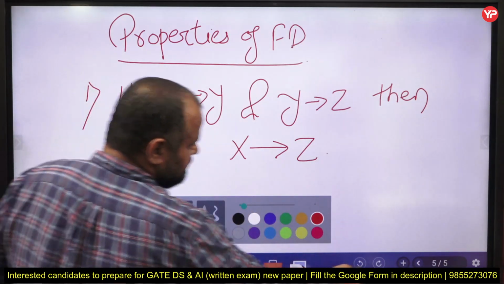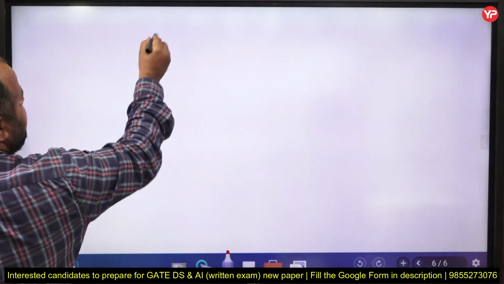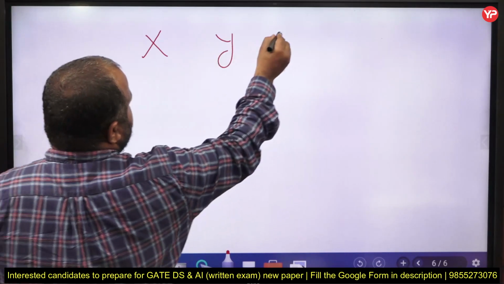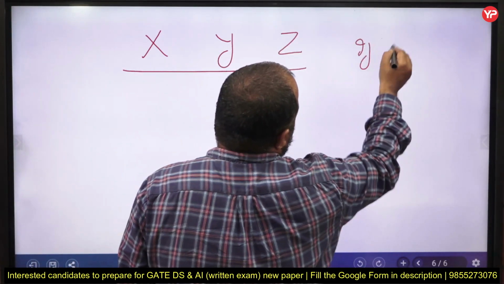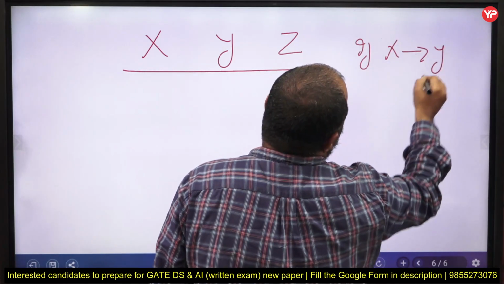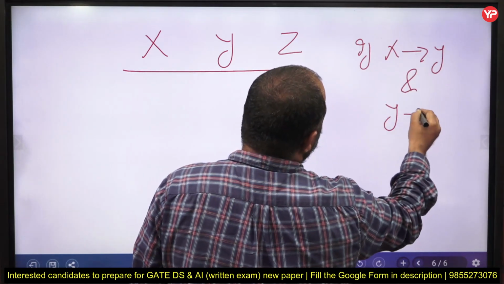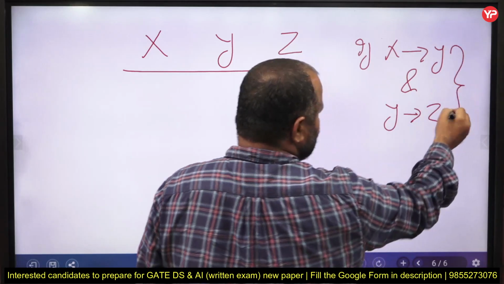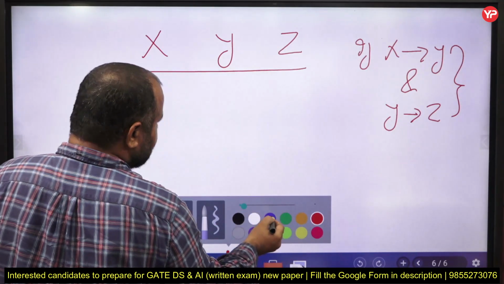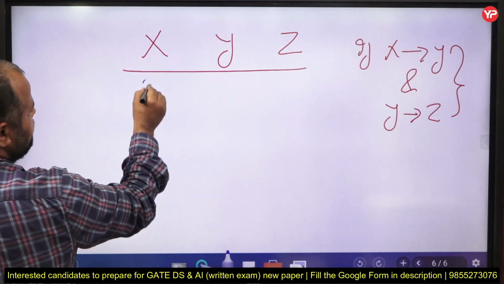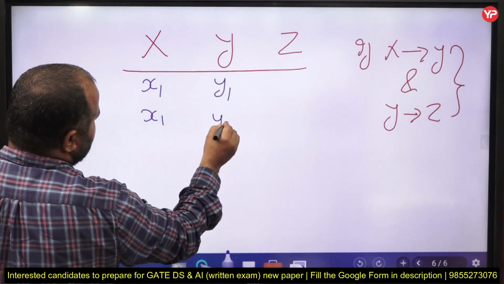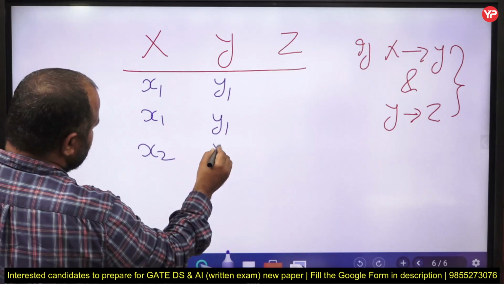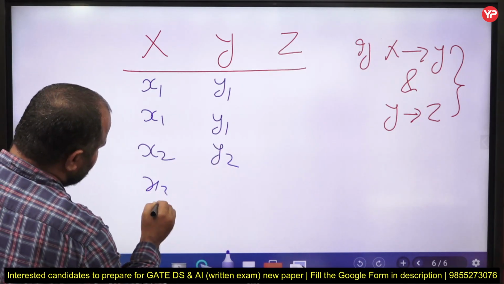Let me take an example for this property, with x, y and z. What is the condition? If x determines y and y determines z, I have to hold these two properties. See here, suppose x determines y means x1, y1, x2, y2, x3, y3.